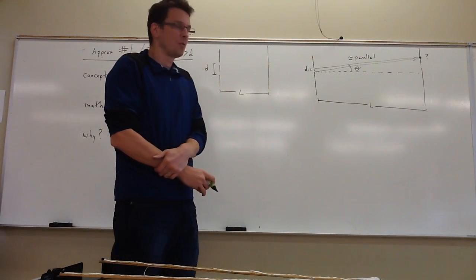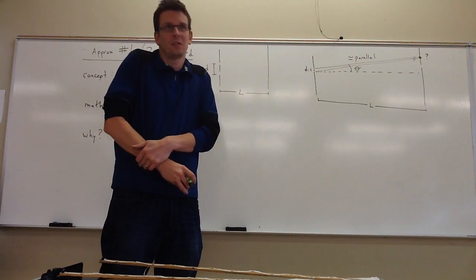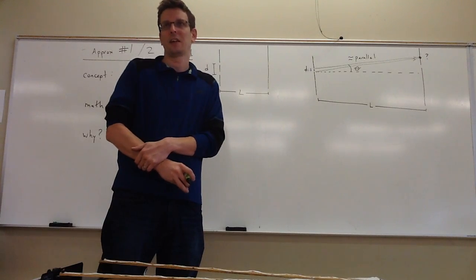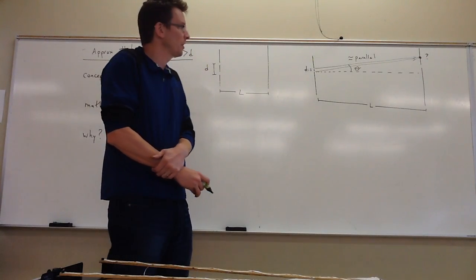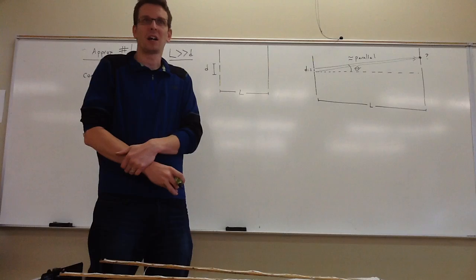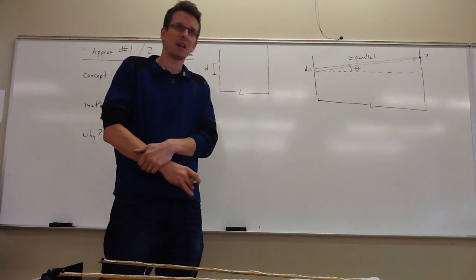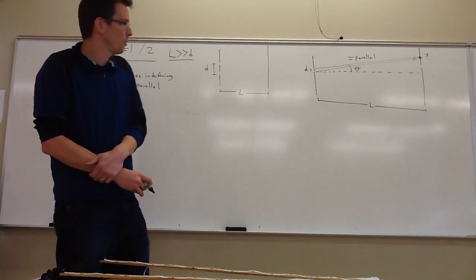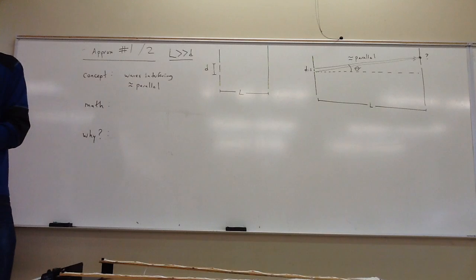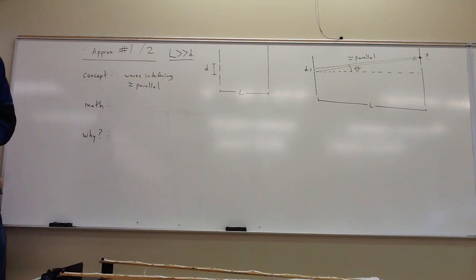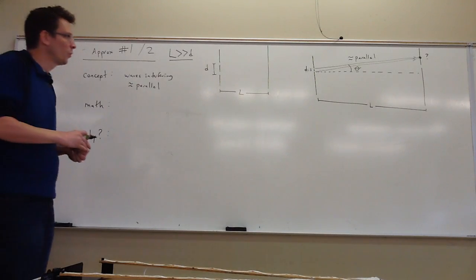Now again, you might wonder, aren't they slightly different angles? Yes, they're slightly different angles, otherwise they could never meet, but we're going to approximate that they're about the same. We're approximating that they're parallel, and if they're approximately parallel, then the angle they both go out with is roughly the same. All right, well now what?